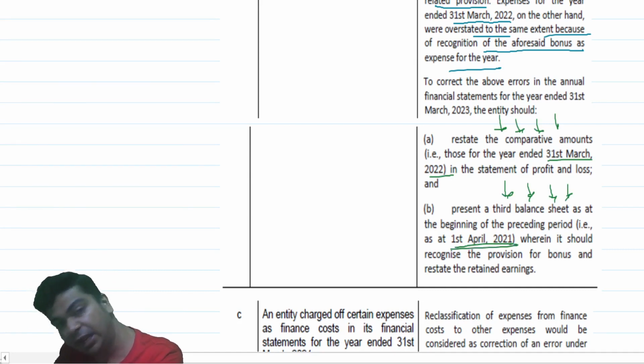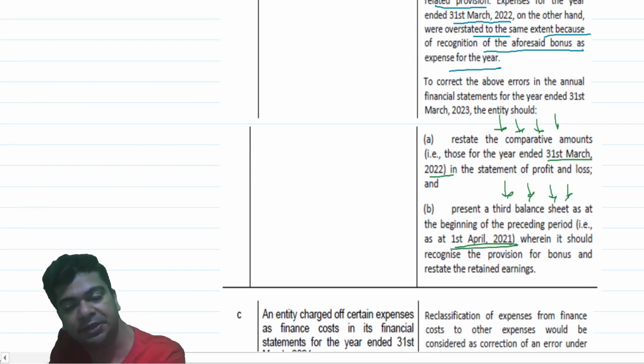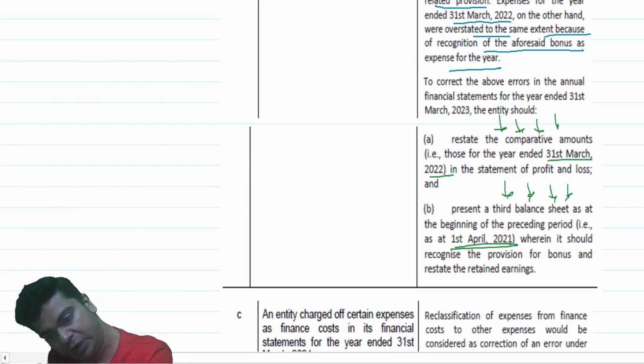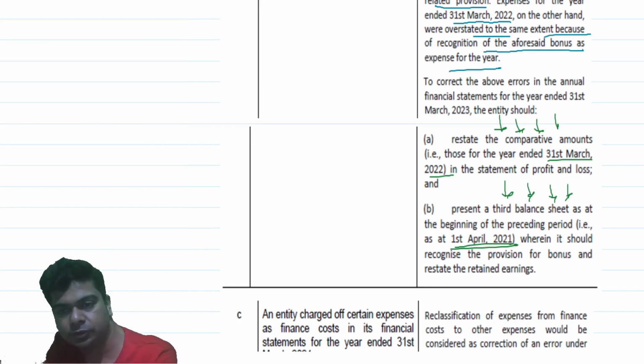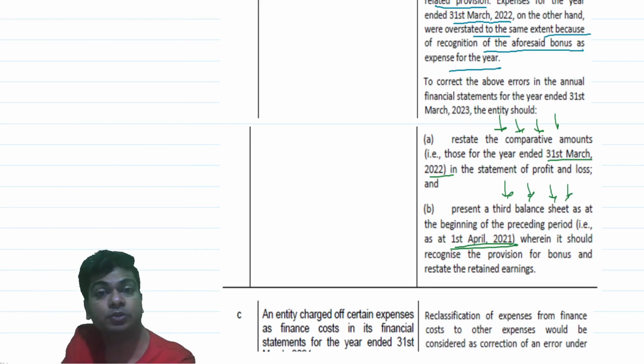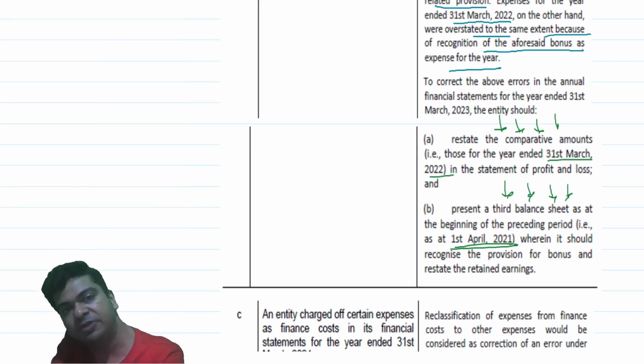Just see, the date is 1st April 2021 as we had discussed earlier, wherein it should recognize the provision for bonus and restate the retained earnings. Right? The expense was not of the previous year. The expense was for the year before the previous year.